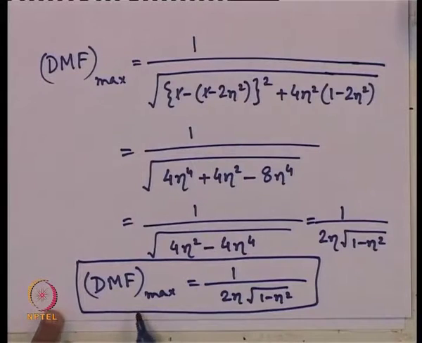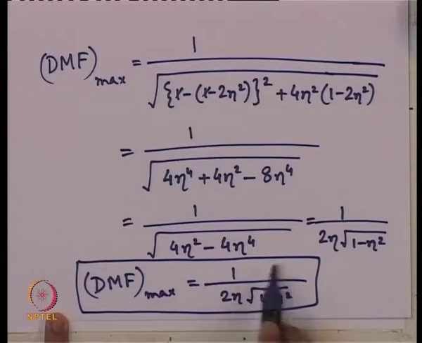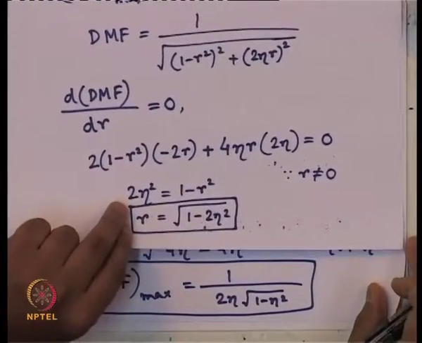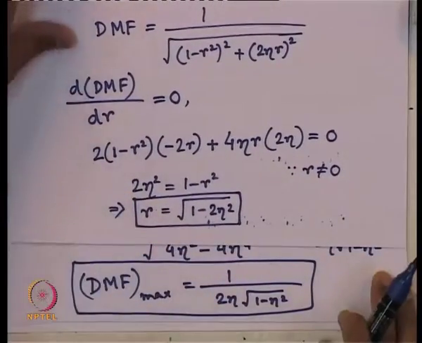So, the maximum value of dynamic magnification factor for an undamped case, that is when eta is 0, is infinity. That is cross-checked from this expression also. But when eta has some value, where the maximum occurs, let us look back again at this expression of r where the maximum occurs.